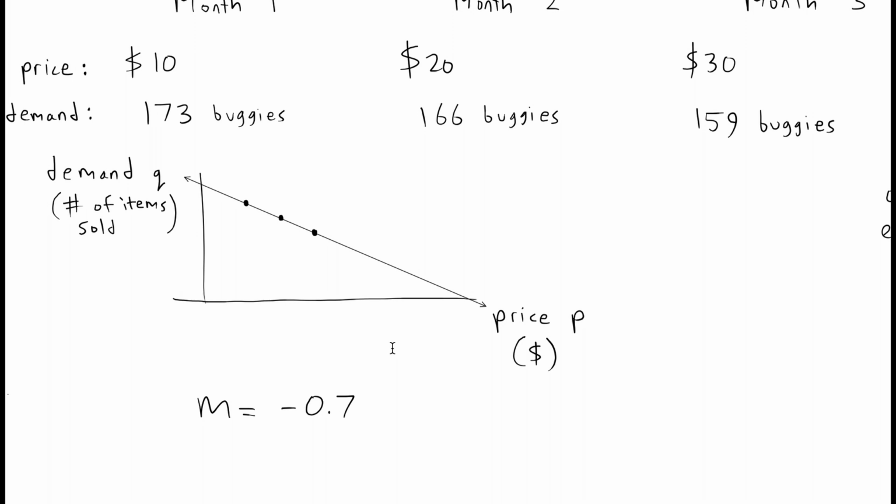There's our regression line. Our intercept here is 180. That's a demand, that's a number of units. Well, that corresponds to a price of 0. That would mean if they said, people just come and take the buggies for free if you want them, the model predicts that 180 buggies would be demanded by the public if the price was 0.